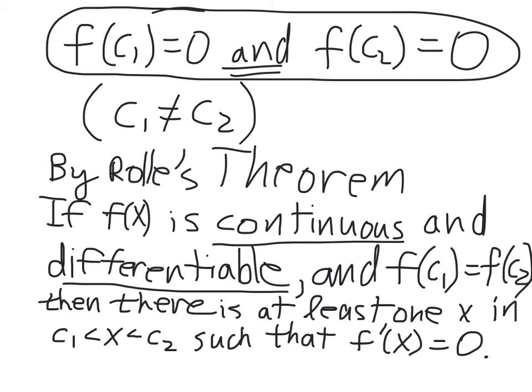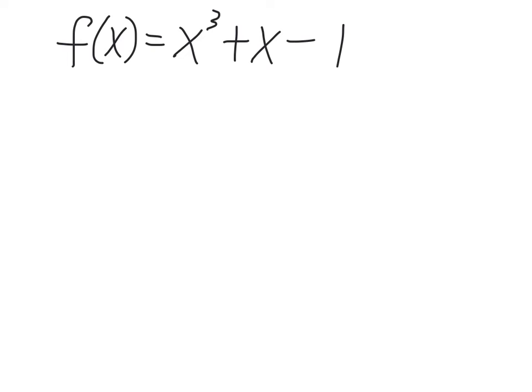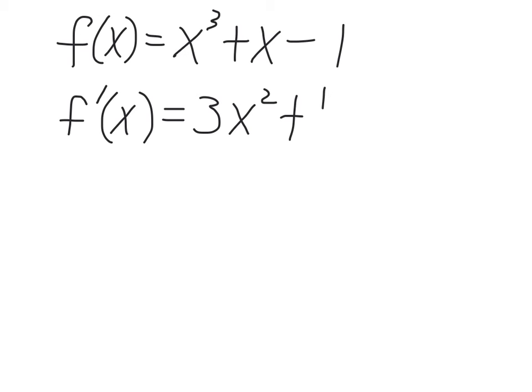Now, let's take a look at the derivative. With our function being x cubed plus x minus 1, what's the derivative? Three x squared plus 1. And what happens when we try to set this equal to 0?